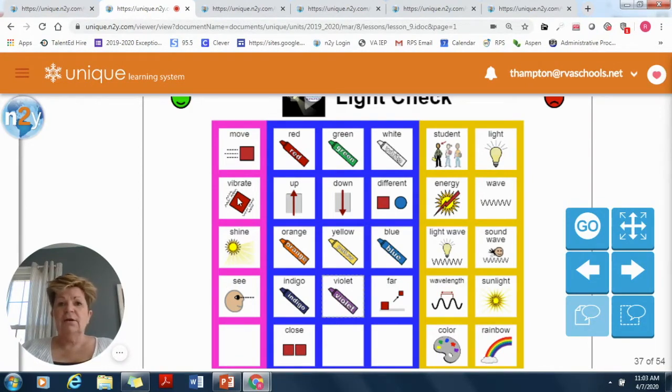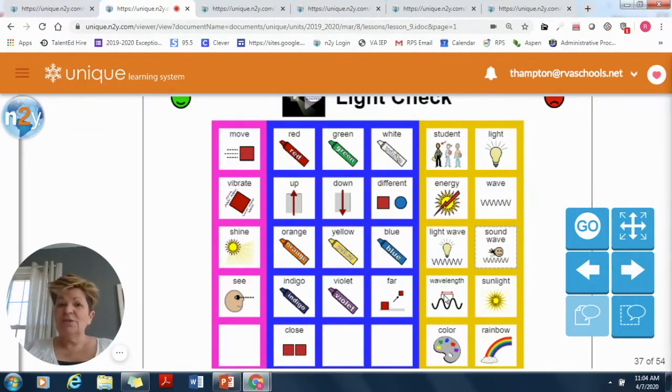Always when we're talking about sound, we were always using vibrate. Now we will use vibrate just a bit in this particular lesson. And let's see, we're going to need light, energy, and waves, light waves, and sound waves. Now, just as we talked about in our earlier chapters, we discussed wavelength.